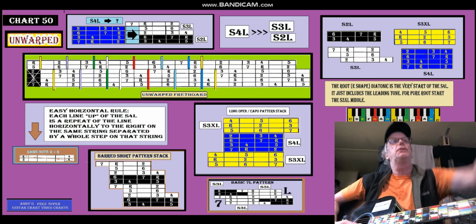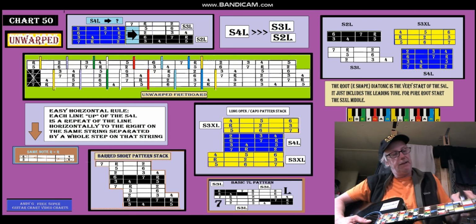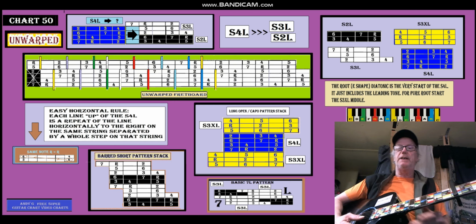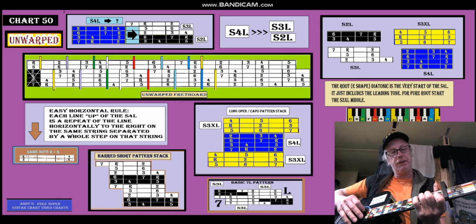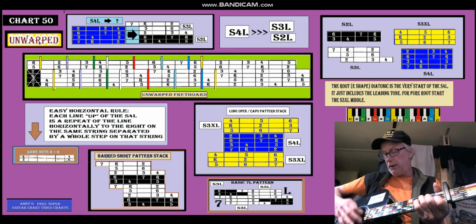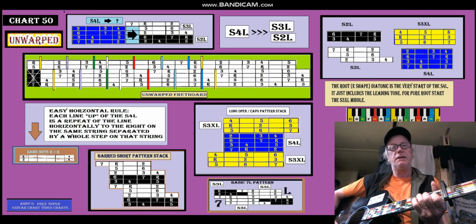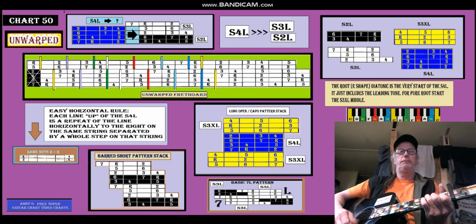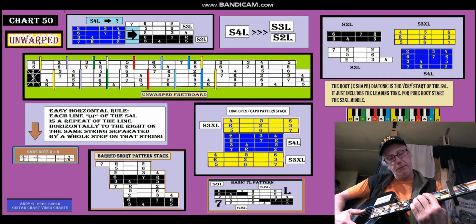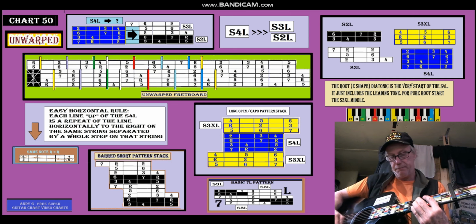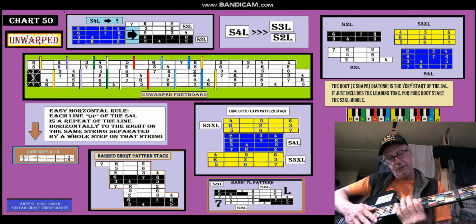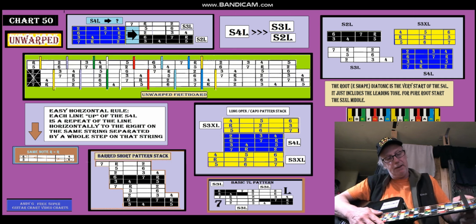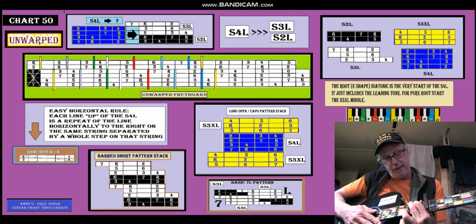CAGED is pretty much in the key of C, because we start with a C chord, then go to an A-shaped C, then this D-shaped C. It's really easier for me to just put the capo on it like that and play it.